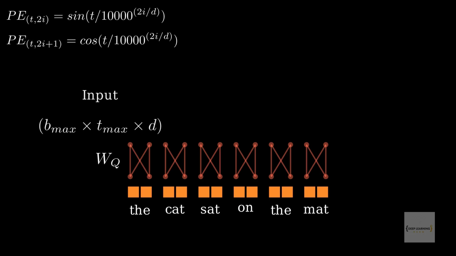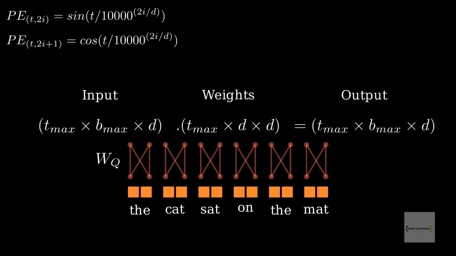From a tensor operation perspective, here's what's happening. The input is a Bmax by Tmax by D-sized tensor. Remember, Bmax refers to the batch size and Tmax refers to the number of time steps. We'll transform this so that Tmax is the first dimension. When broadcasted, the weights are of shape Tmax by D by D. When multiplied, we get a Tmax by Bmax by D-sized tensor.